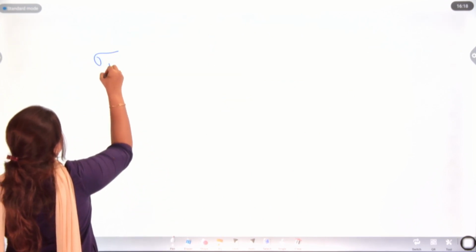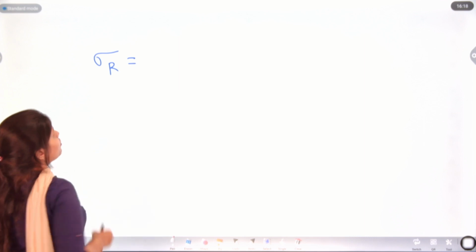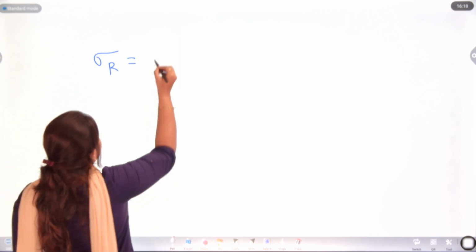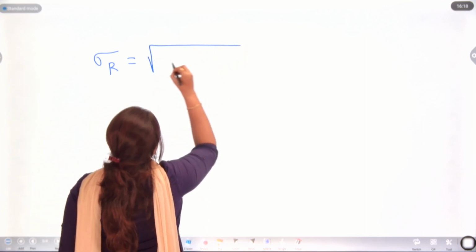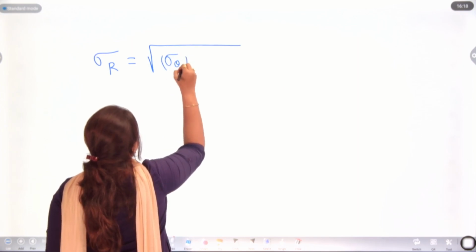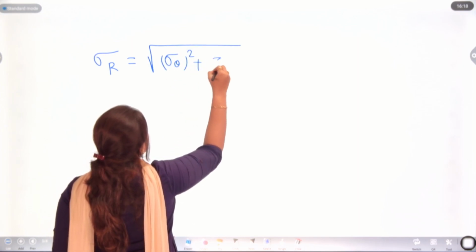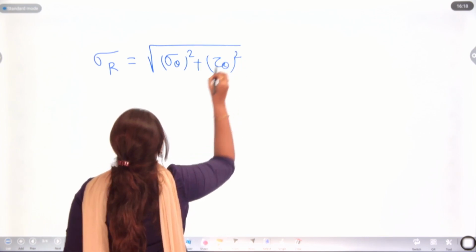So, our sigma r, this is our resultant stress, will be the square root of sigma theta square plus tau theta square.